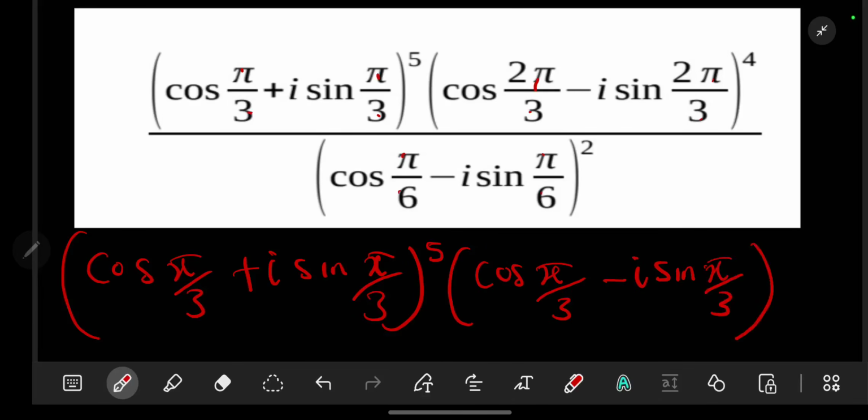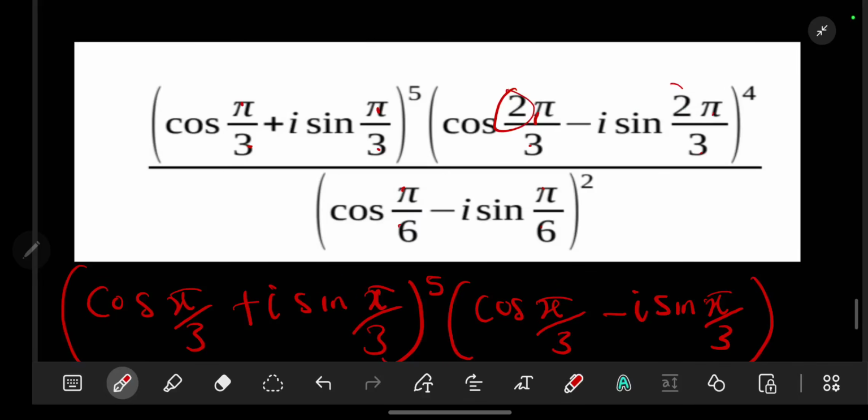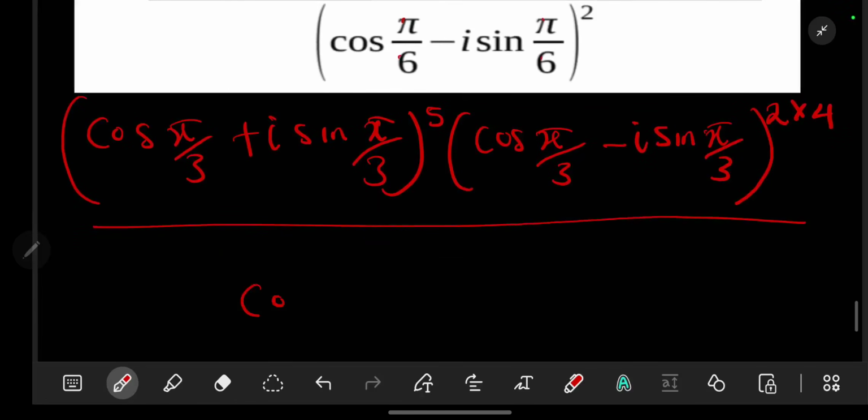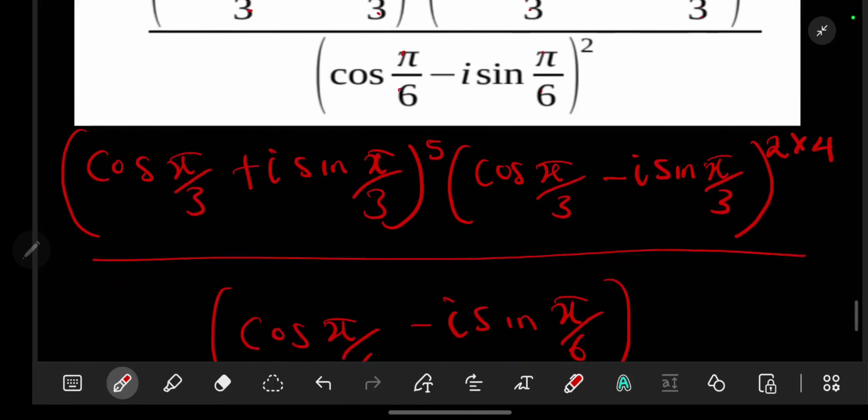Now what we have done is get this to remember the rule of De Moivre's theorem. It can be thrown out, but it's finding a 4 there, so it will multiply like that. Then we divide over cos of pi over 6 minus i sine of pi over 6, and this has the power of 2.